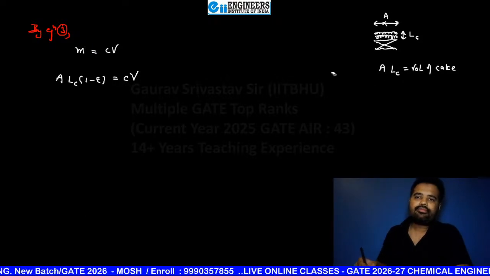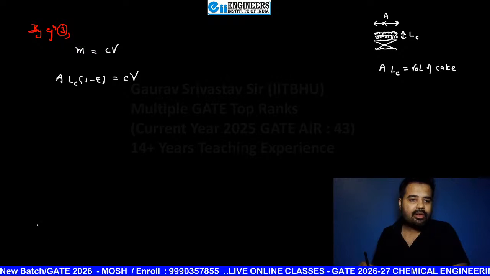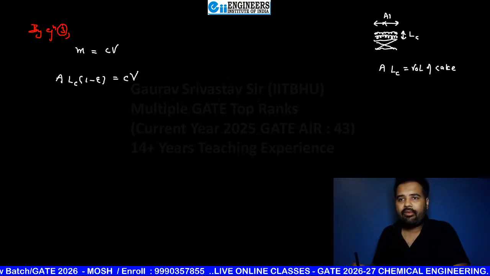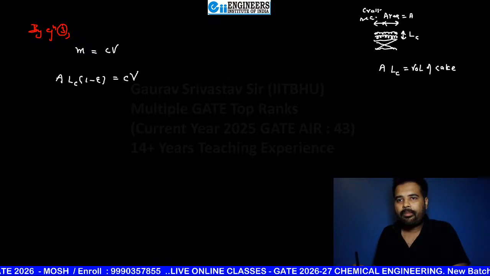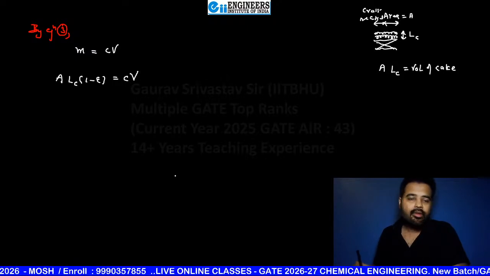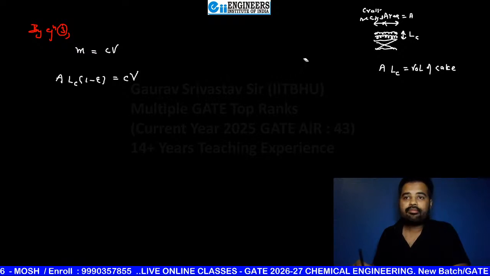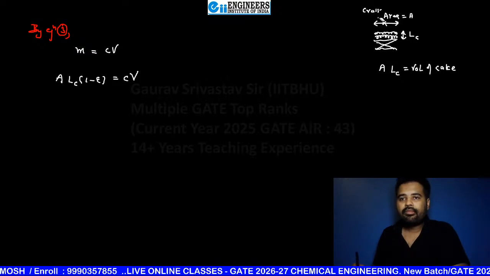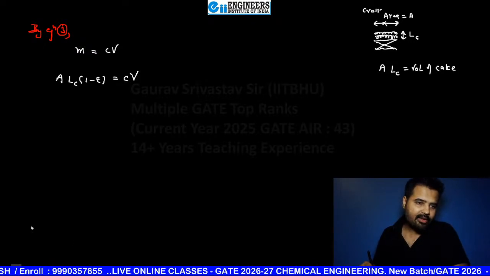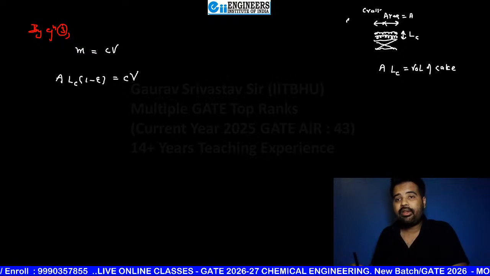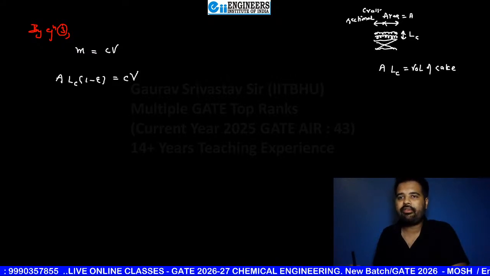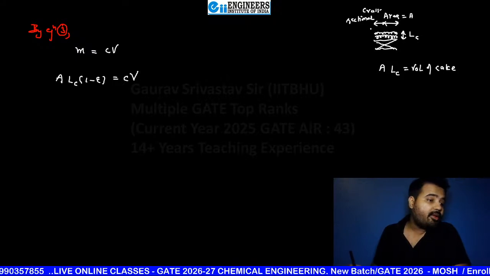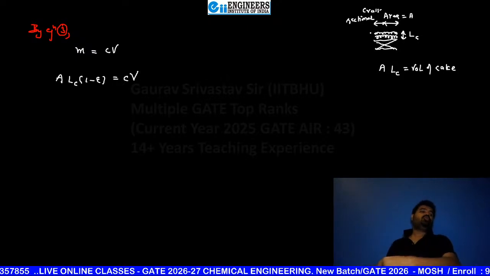Now please tell me everyone, beta, is this equation correct or wrong? Please reply immediately, everyone, I want a comment from each and every student. No need to write crystal clear.